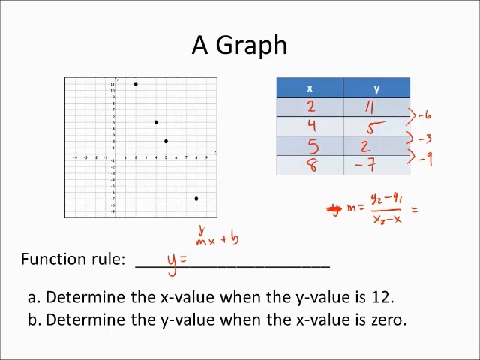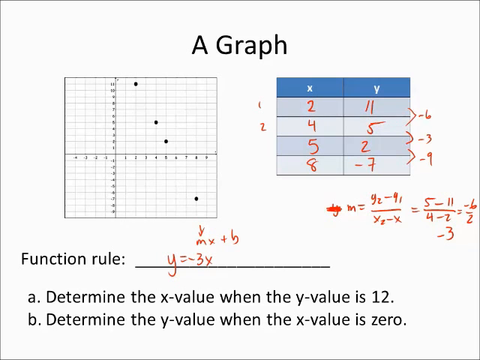I'm going to choose the first 2 because they are first. So this is point 1, this is point 2, so y2 is 5 minus y1, the y value of the first point, which is 11, over x2, which would be 4 minus 2. So 5 minus 11 is -6, and 4 minus 2 is 2. -6 divided by 2 is -3. So there you got -3.